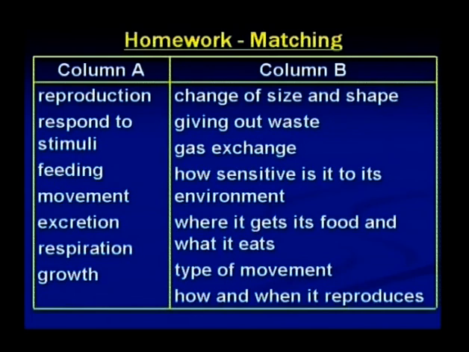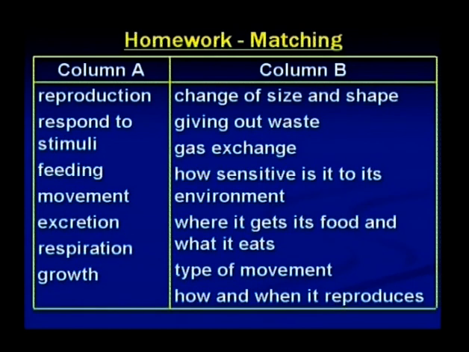This homework is based on the characteristics of living things. You have column A and column B. You are going to match the 7 characteristics with the description in column B. Let's do one as an example. Reproduction. Where will we match reproduction? With which statement?